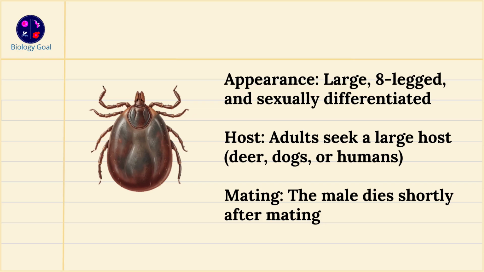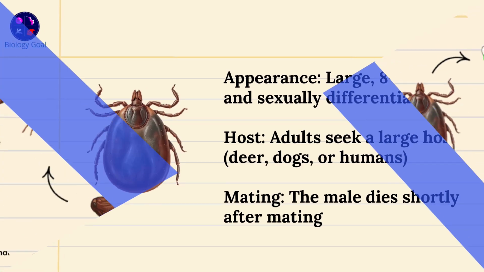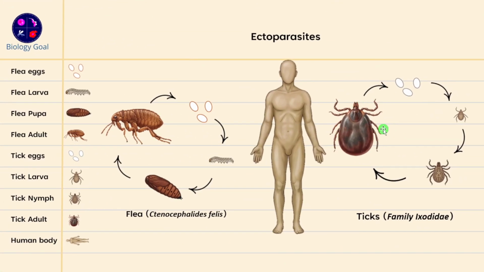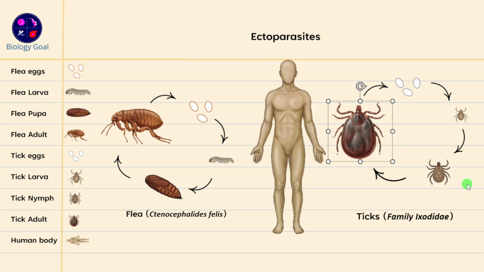After mating, usually the male dies immediately, and the female is going to again lay the eggs down, and then the cycle continues. So as you can see over here, a very, very interesting life cycle of this particular bug. It will have different hosts, like smaller mammals, humans, and rabbits, and that's why it has the ability to diversify its host and survive better than the other ectoparasite.